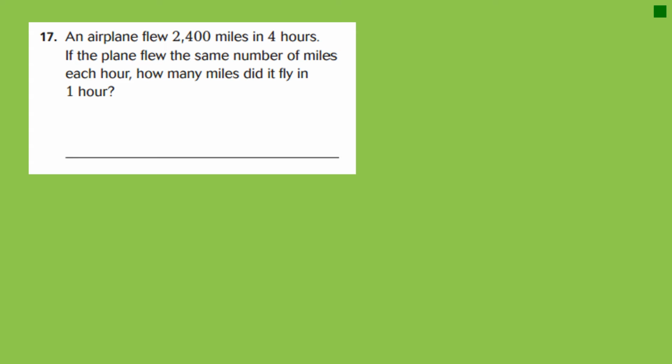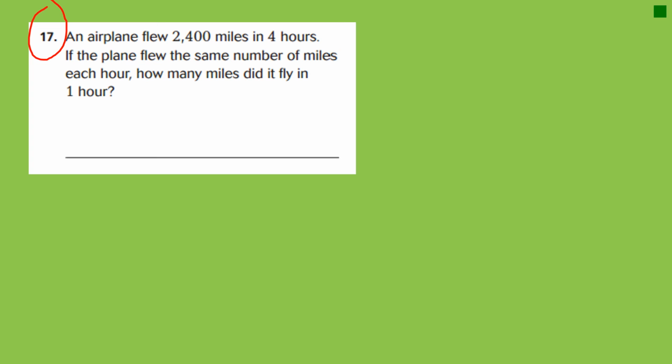Let's look at number 17 now, okay? This is the last one on the front page there. Now read along with me, okay? An airplane flew 2,400 miles in 4 hours. If the plane flew the same number of miles each hour, how many miles did it fly in 1 hour?